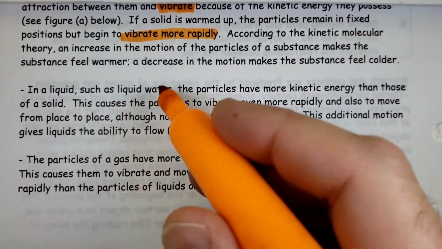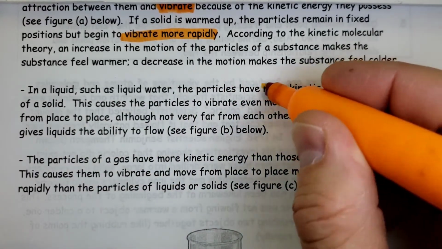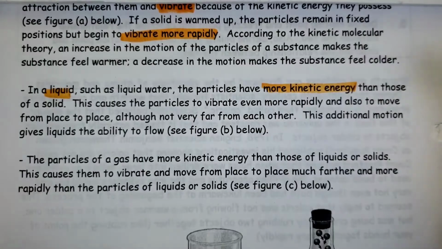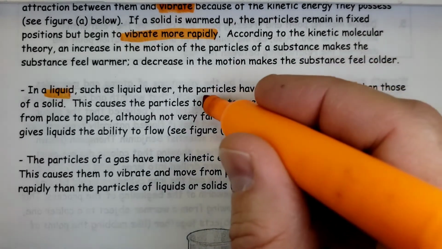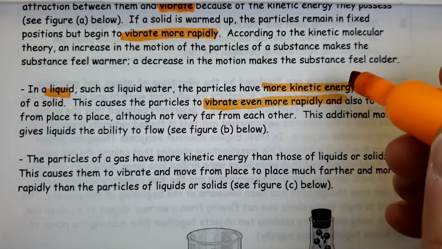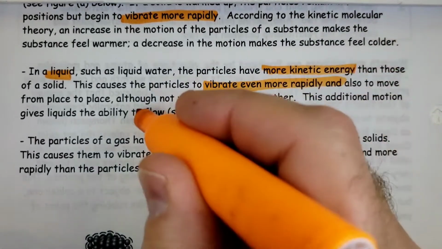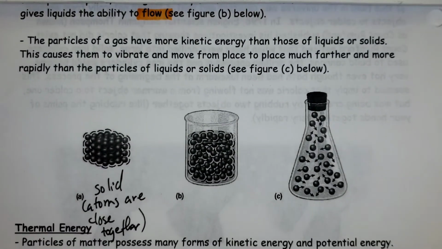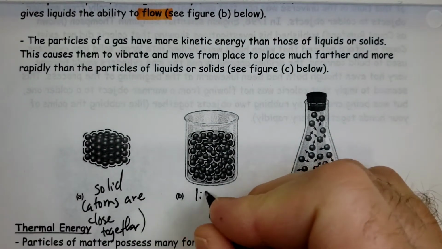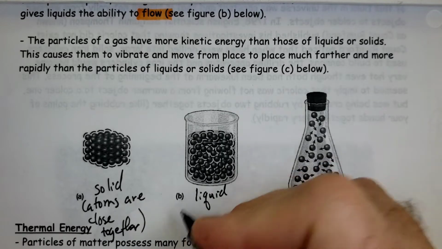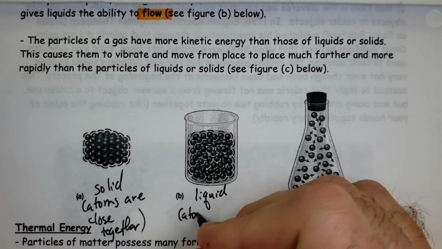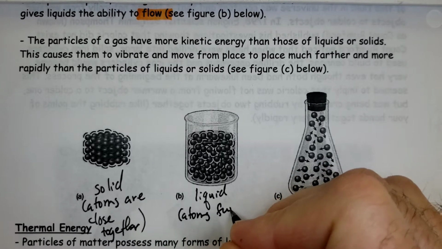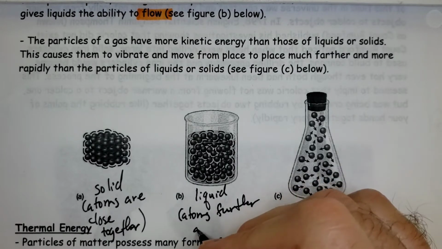So if you look at a liquid, such as water, particles have more kinetic energy than those of the solid, and they vibrate more rapidly, moving from place to place. And you can think of liquids as further apart, so what we say is that their movement is more flowing. So we could say here, liquid, atoms, further apart.